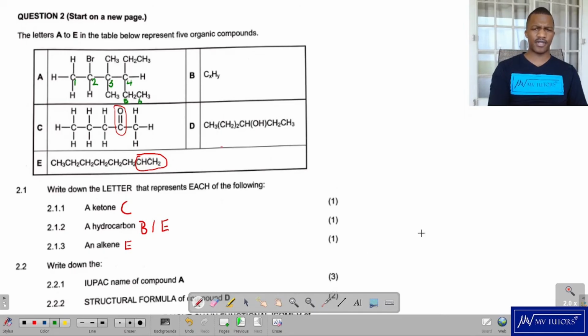The prefix for 6 is hex. So we have a hex, and it's all single bonds, so it's a hexane.